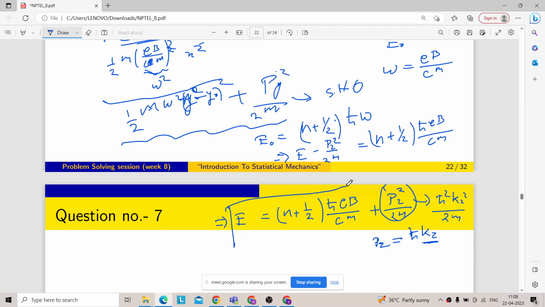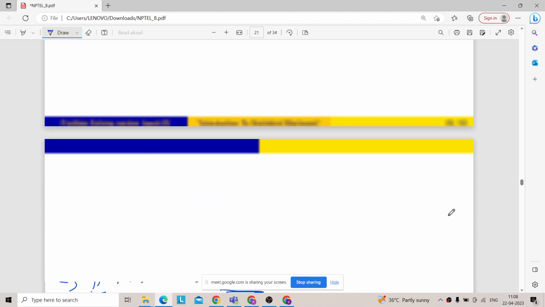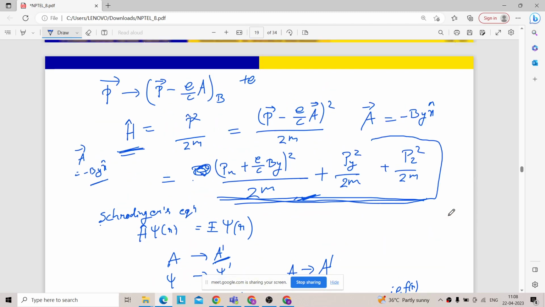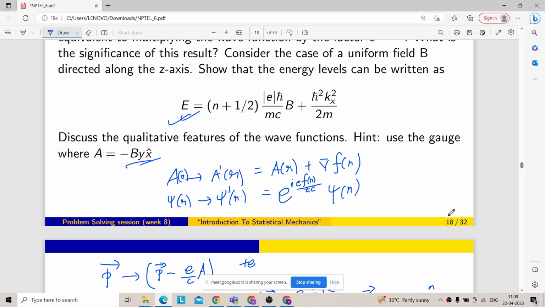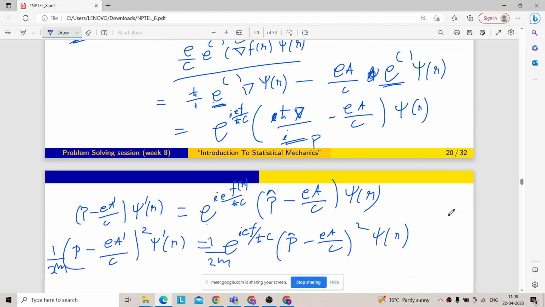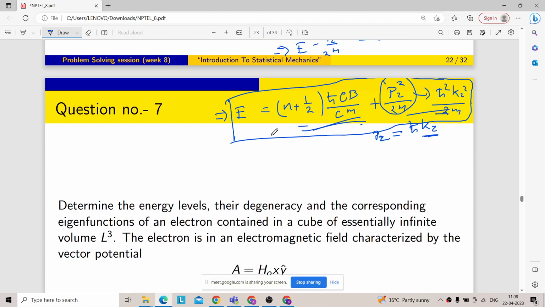So my energy of the system in the presence of this external magnetic field is this, right? So I got the eigenvalue. Eigenvalue means I got the energy of the system. This is the eigenvalue of the Hamiltonian, right?